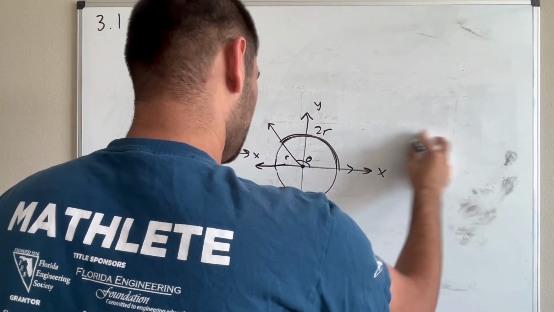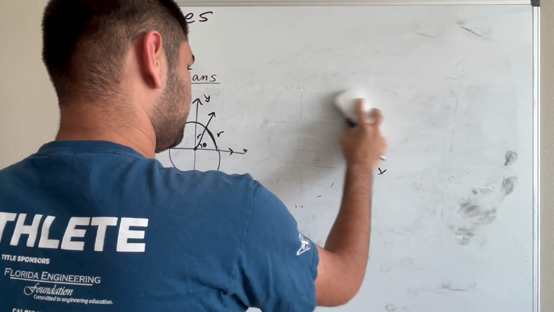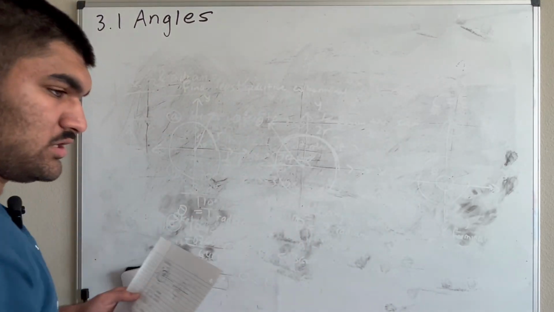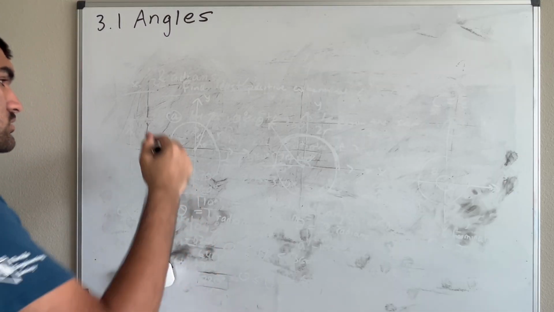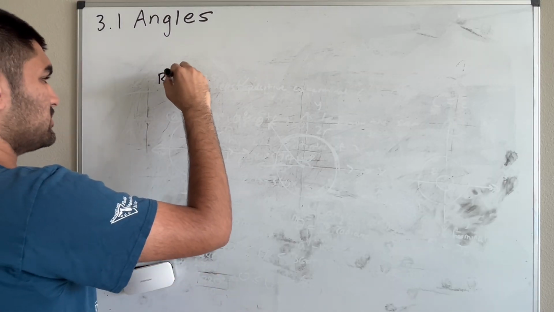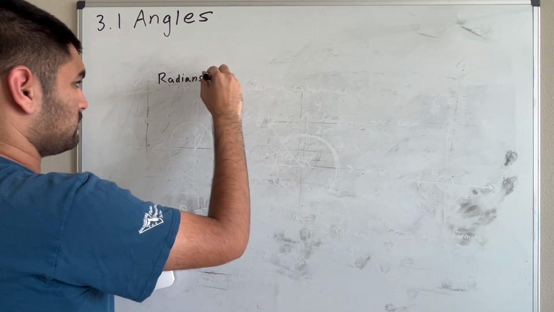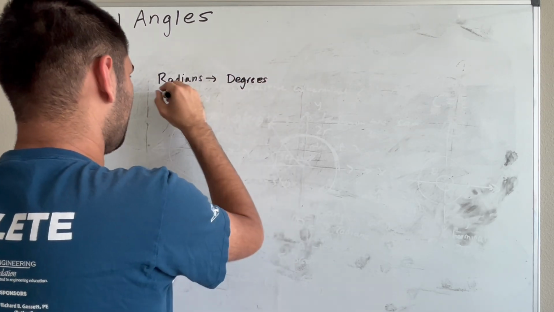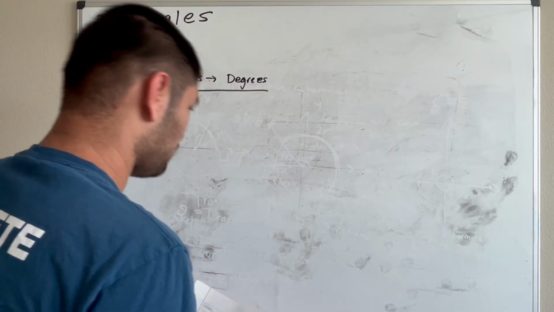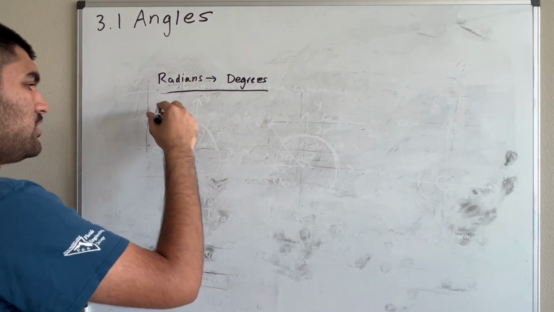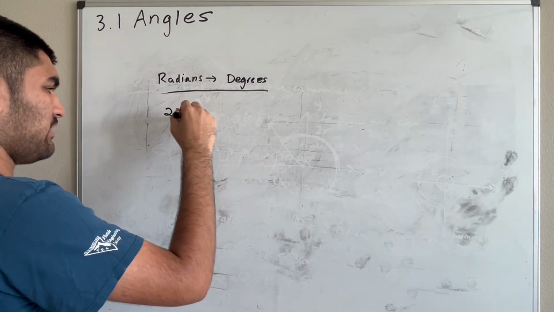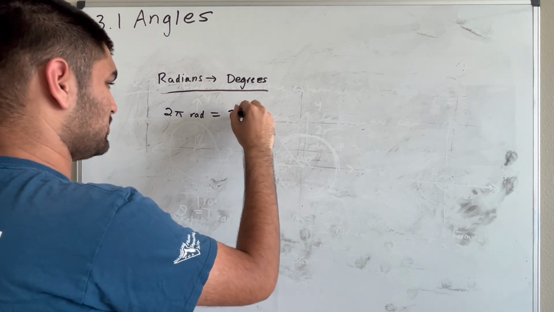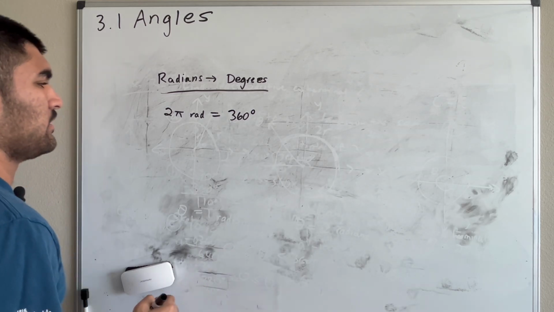So now let's talk about converting from radians to degrees and degrees to radians. So if you want to convert from radians to degrees, notice how in the previous example, we saw how 2 pi radians is equal to 360 degrees, right?